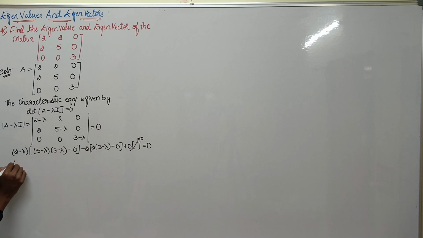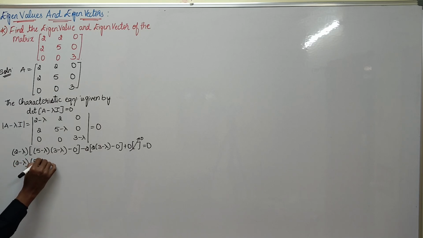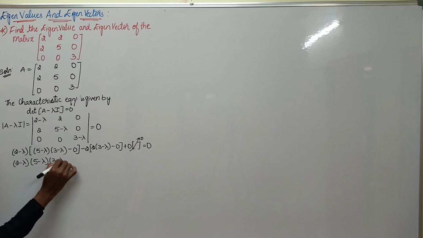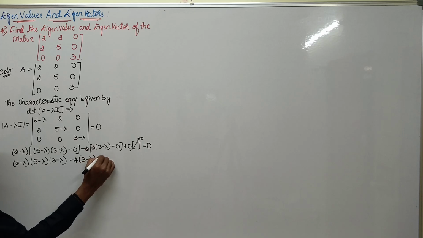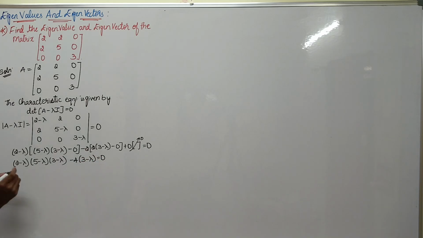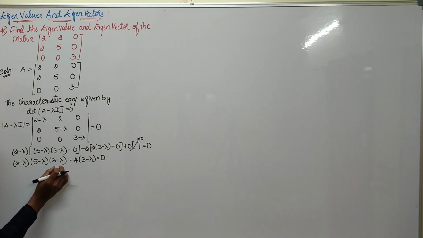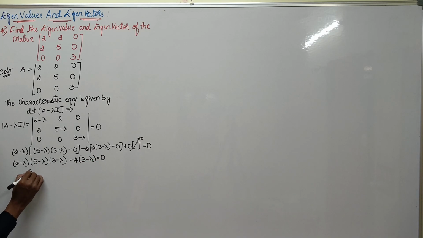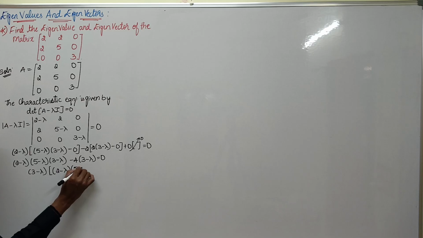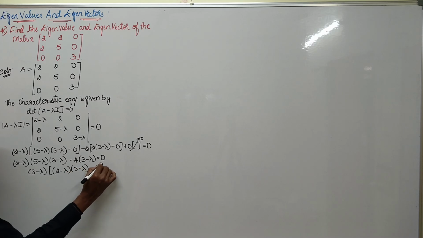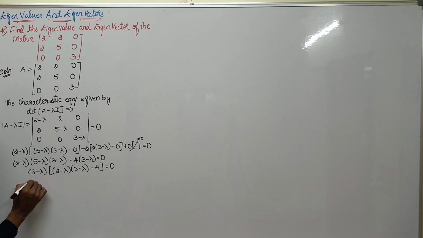Now 2 minus lambda into 5 minus lambda into 3 minus lambda, minus 2 into 2 into 3 minus lambda equal to 0. In these two terms, 3 minus lambda is common. Consider 3 minus lambda into (2 minus lambda)(5 minus lambda) minus 4, which is equal to 0.